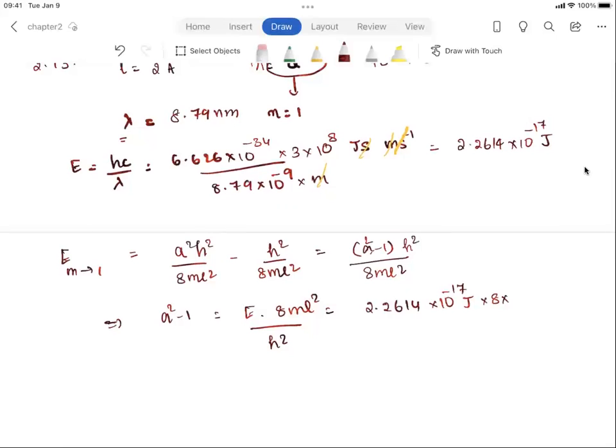It's an electron, so the mass of the electron is going to be 9 times 10 to the power negative 31 kilogram times the length of the box, which is given as 2 angstroms, that is 2 times 10 to the negative 10 meters squared.